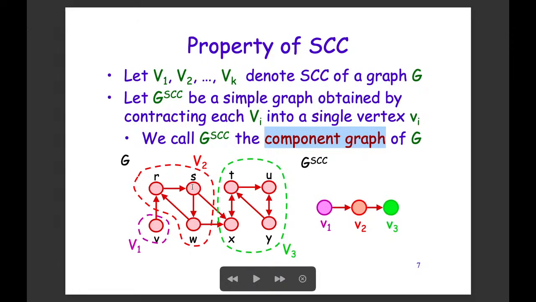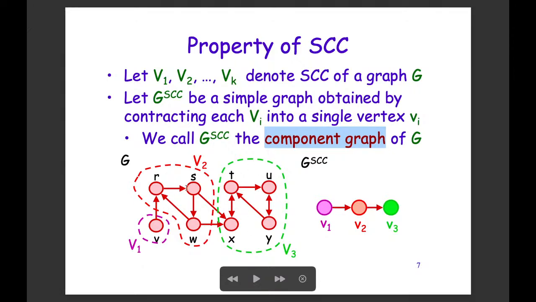Among the red component and the green component, either some vertex here is discovered first, or some vertex there is discovered first.